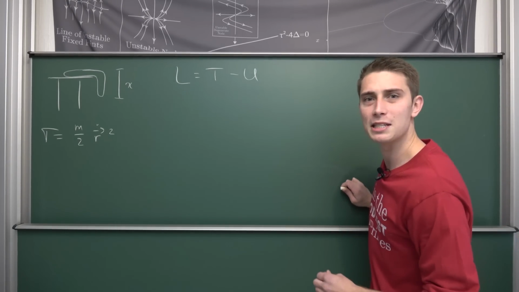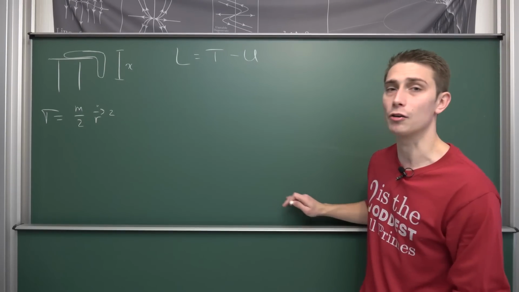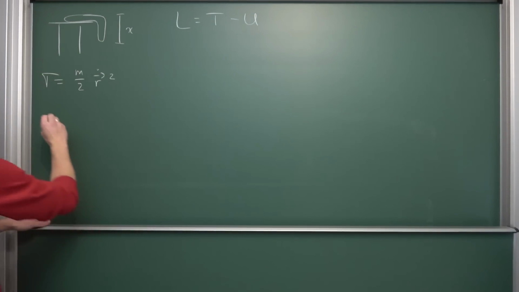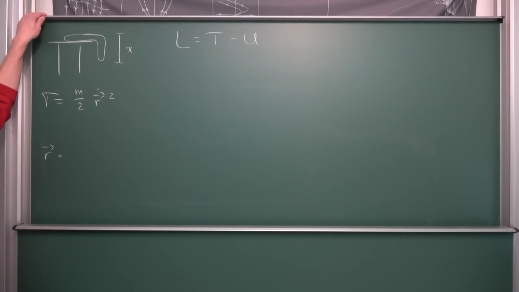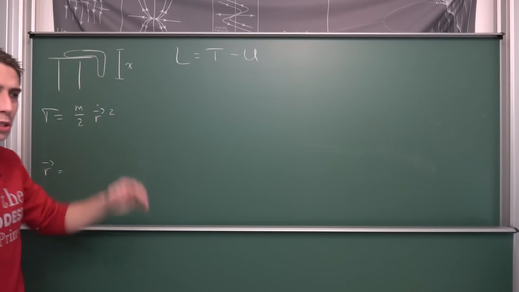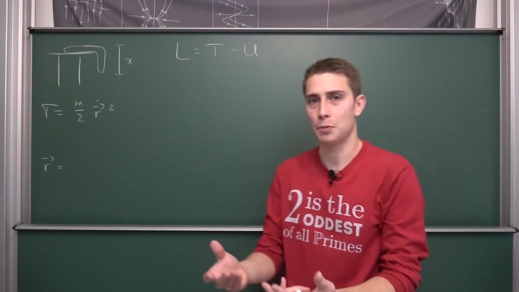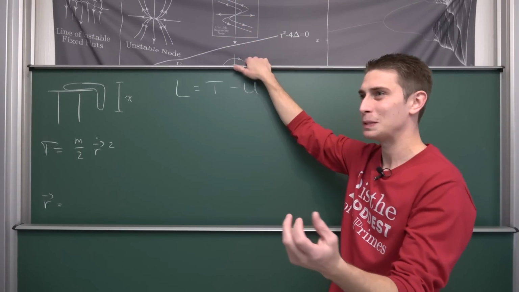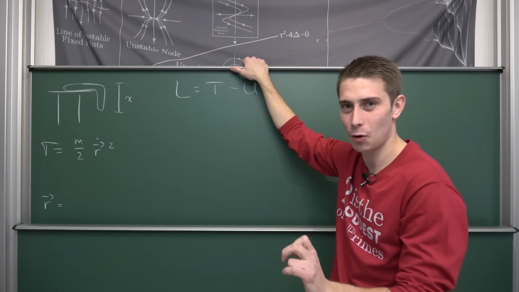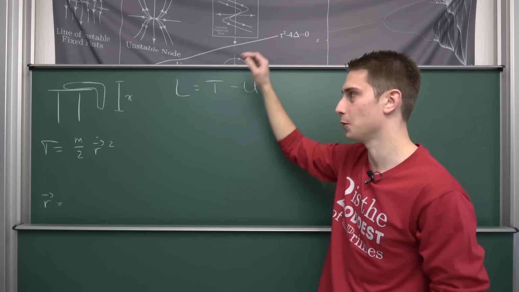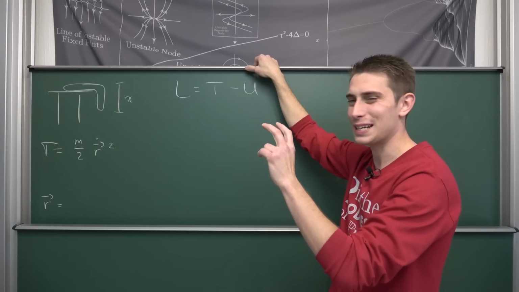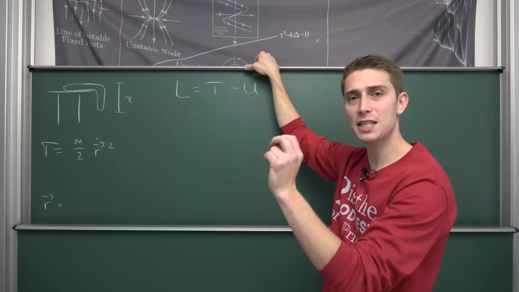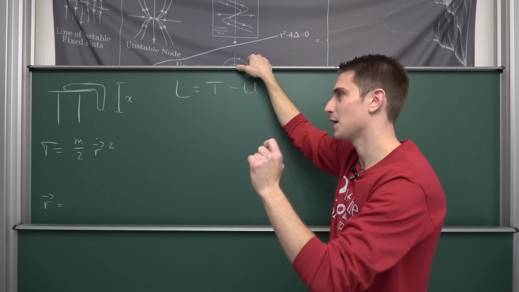Now, what about our displacement exactly? What about our r vector? Let us construct our r vector and see how it actually looks. Our r vector is just the position where our mass is all the time. Now, we are going to look at this problem this way. How is our rope sliding all the time?